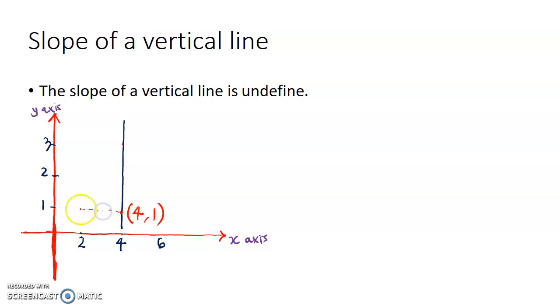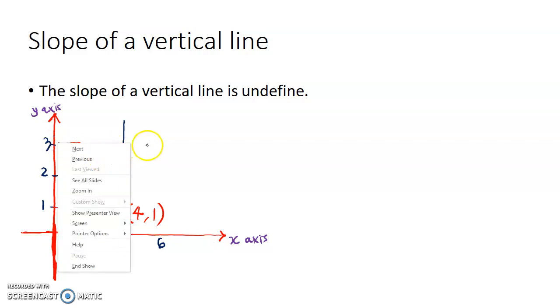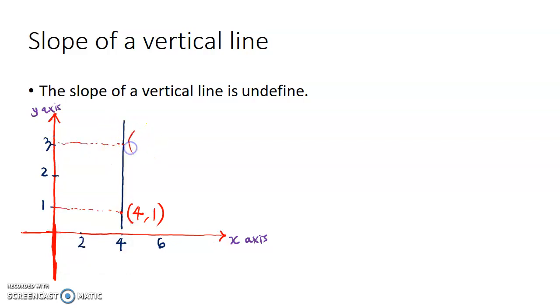Tracing it over to the y-axis. Now let us take the next point. You can decide to take any 2 points. I'm just taking mine at this point. Now here as well, my x is 4 and my y is 3. You can take any point on the line.